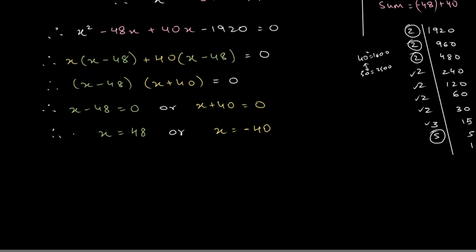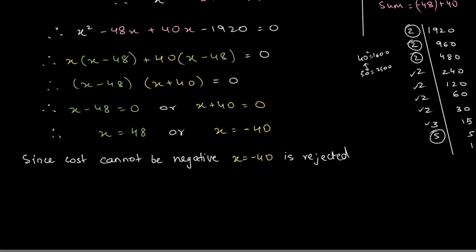So since cost cannot be negative, x is equal to minus 40 is rejected. Right? So therefore, I get my answer. Therefore, x is equal to 48.